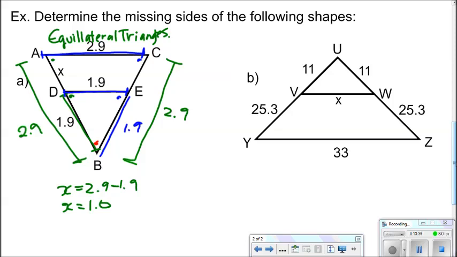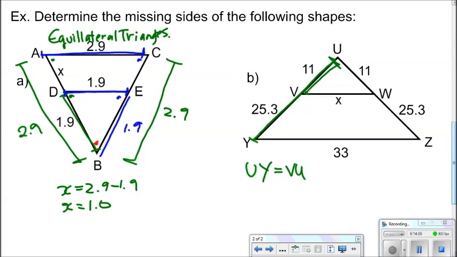Okay, so looking at the next example, again, we have a triangle inside a triangle. UVW is inside UYZ. And so they're going to share the same angle, so they are similar triangles. So we need to find the corresponding side lengths in order to find the missing side length of X. So UY is going to correspond with UV.